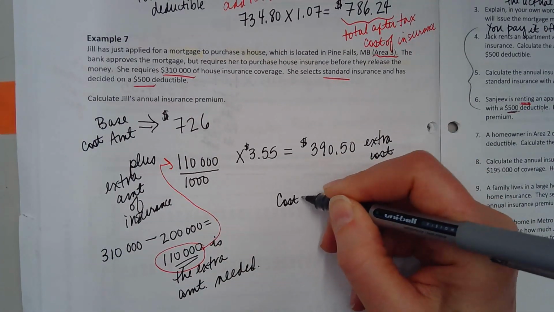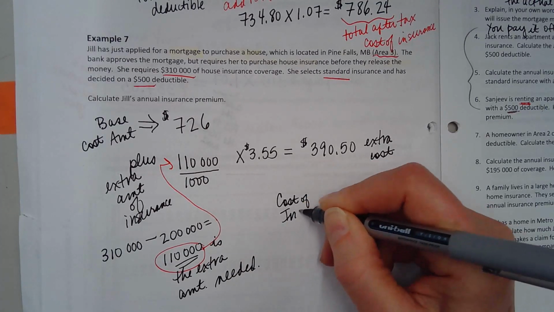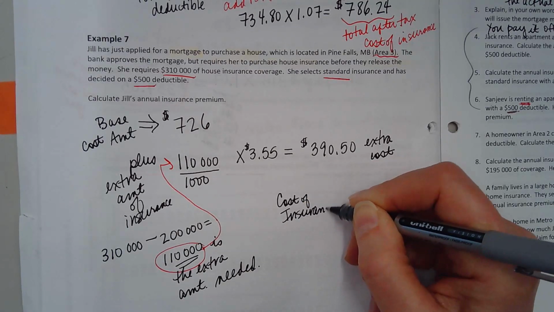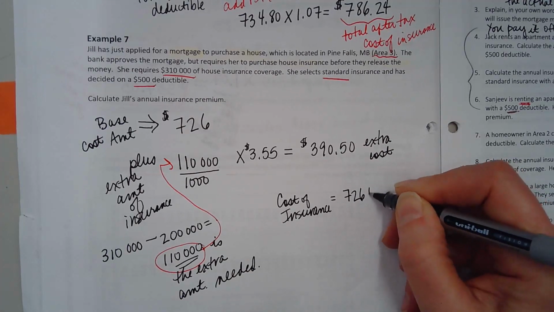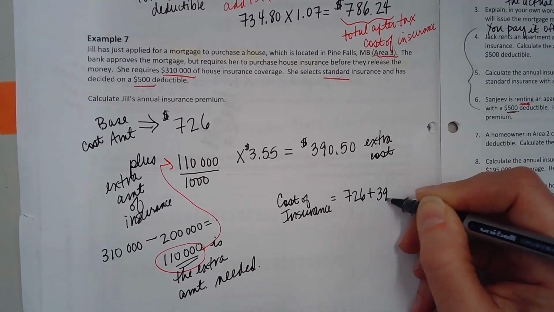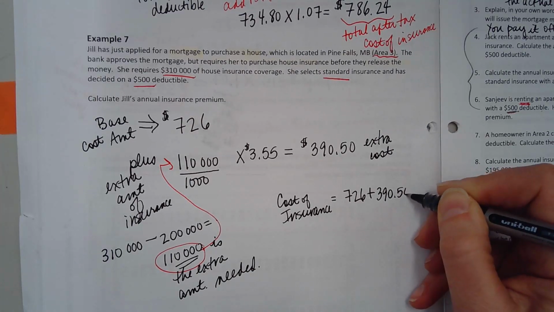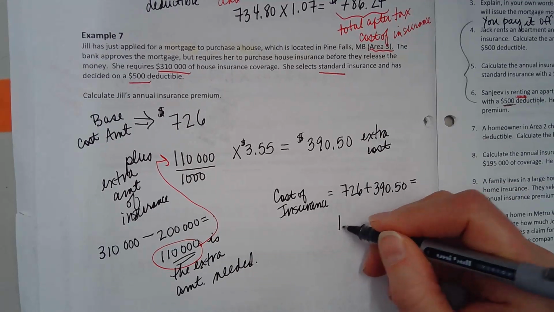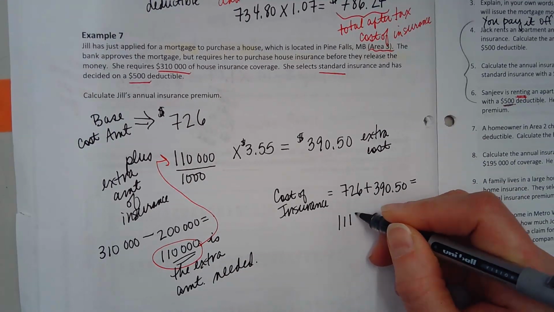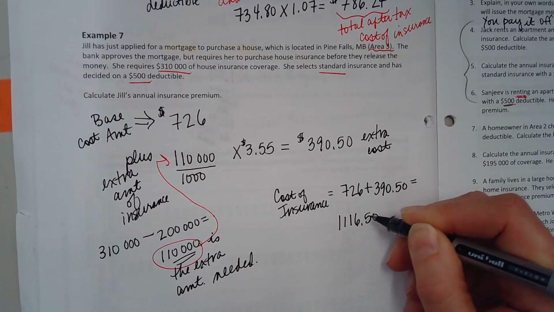Cost of insurance equals 726 plus 390.50 and I get 1116.50.